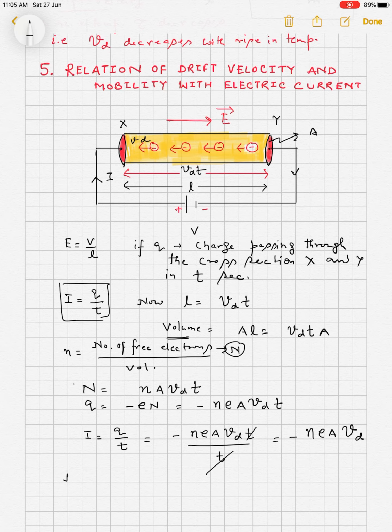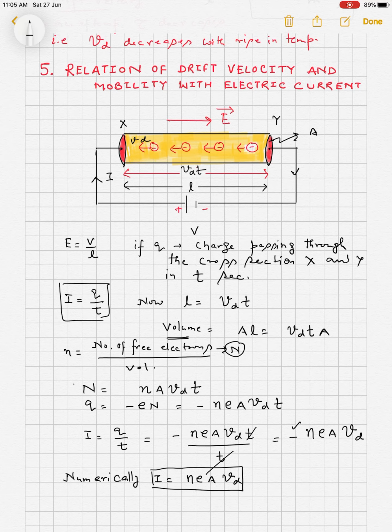Numerically, I is equal to n e A vd. Here the minus sign shows that the direction of electric current is opposite to vd.